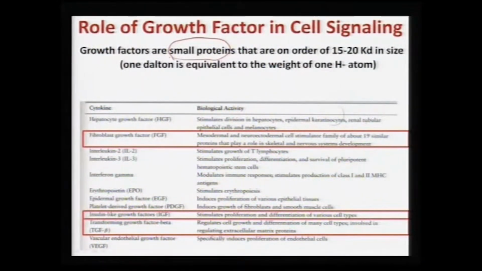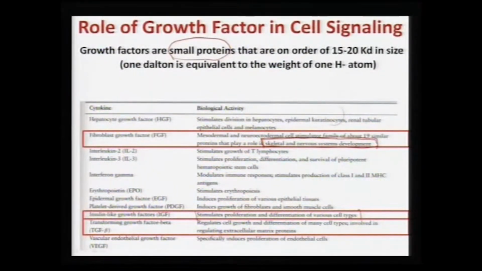Now, what are the functions or biological activities of these 3 growth factors? Fibroblast growth factors have essential biological activities in mesodermal development and in skeletal and nervous system development. Insulin like growth factor, IGF, stimulates proliferation and differentiation.